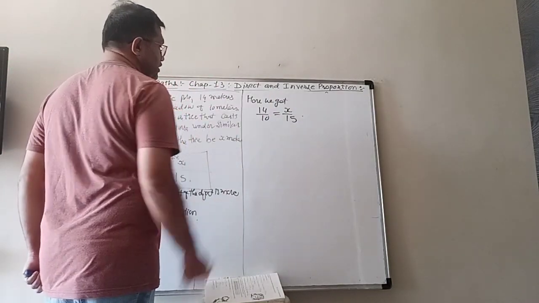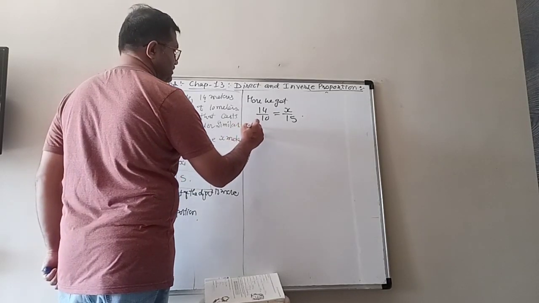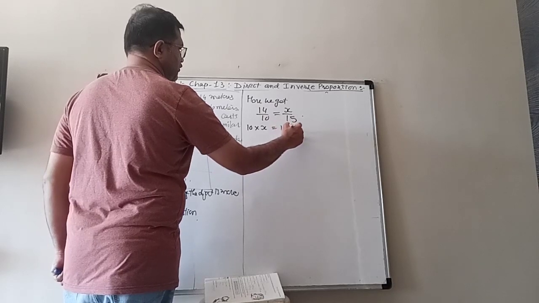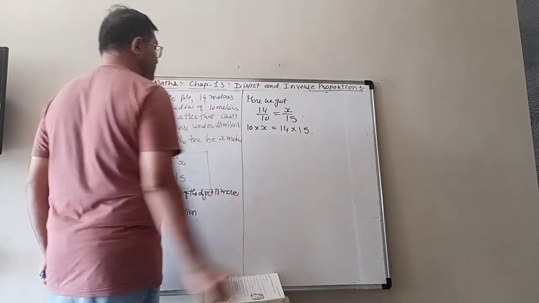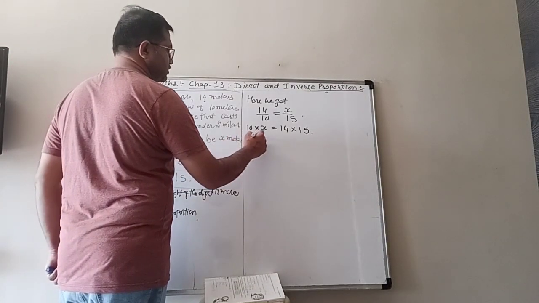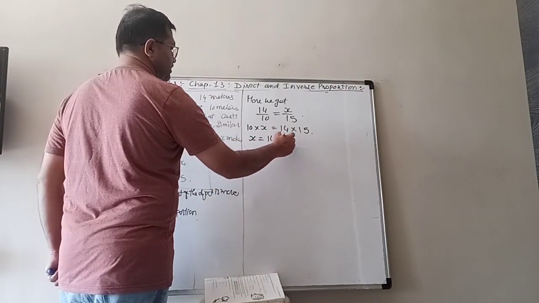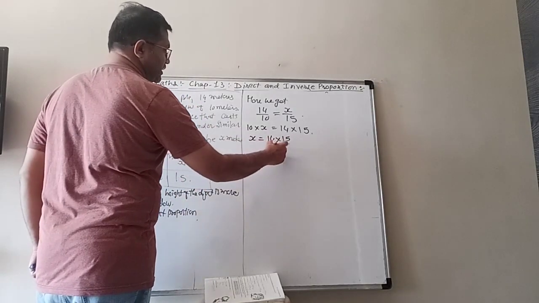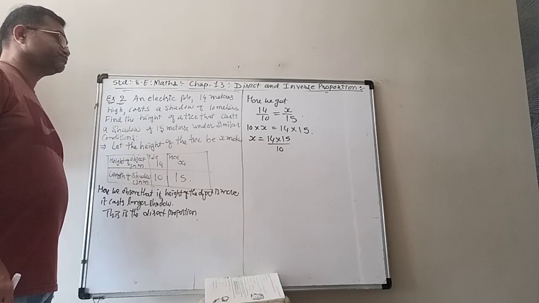Now we will do the cross multiplication, which means 10 multiplied by x is equal to 14 multiplied by 15. So we get x is equal to 14 multiplied by 15 divided by 10.